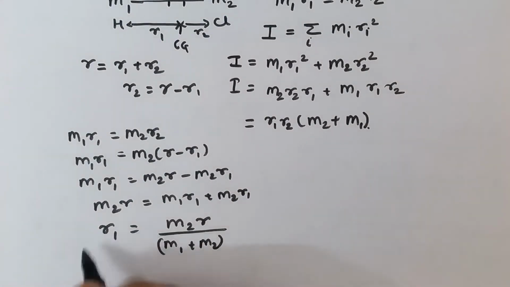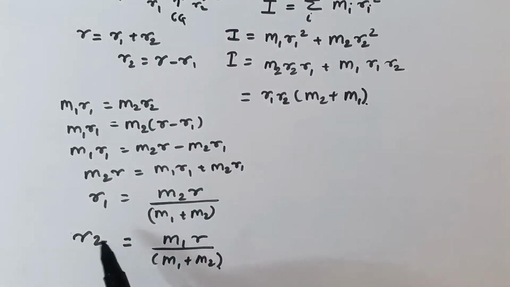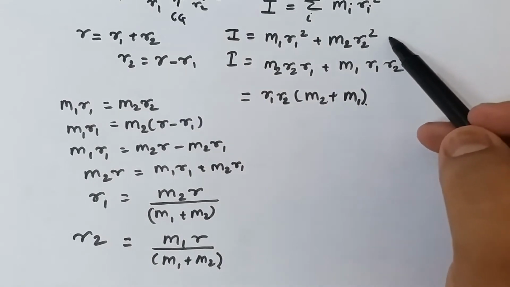This will be the representation of r1, and similarly for r2 I will have m1 r upon m1 plus m2. Both these values of r1 and r2 I will substitute in this particular representation.